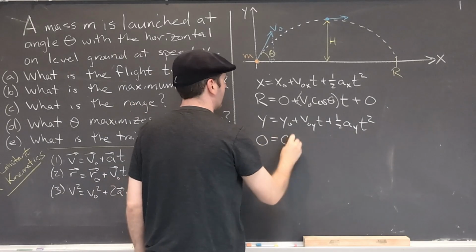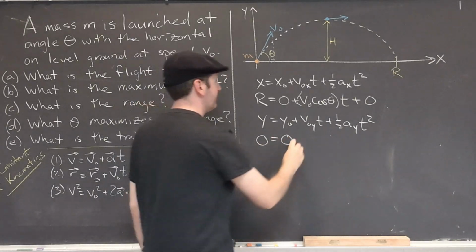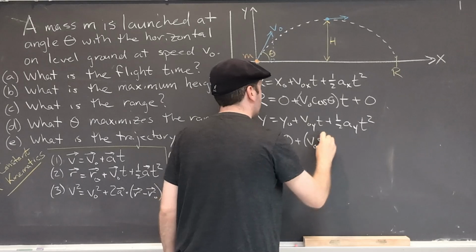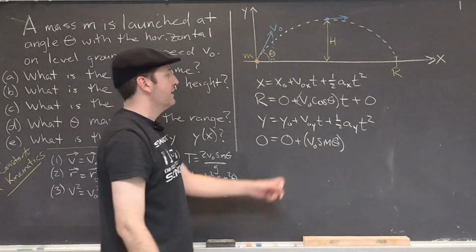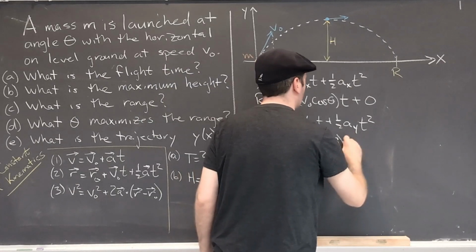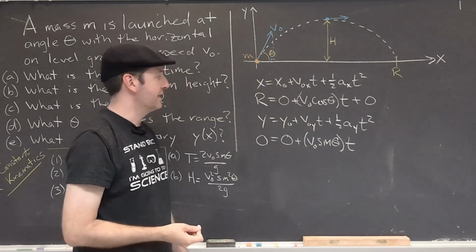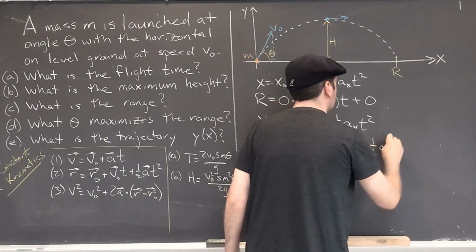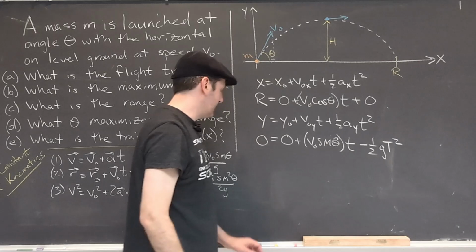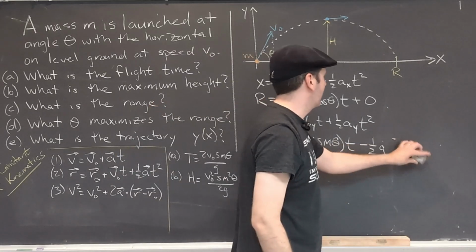And the initial height, of course, is launched from 0. My initial y velocity is still v naught sine theta. This is the same t as above, which is capital T, the total flight time, but let's leave it for now. And we still have a minus 1/2 g t, well, t squared.